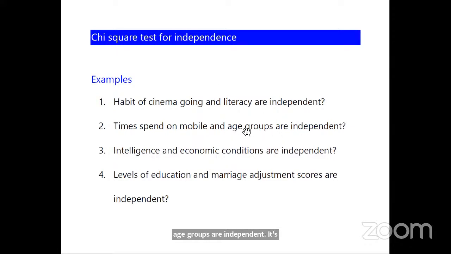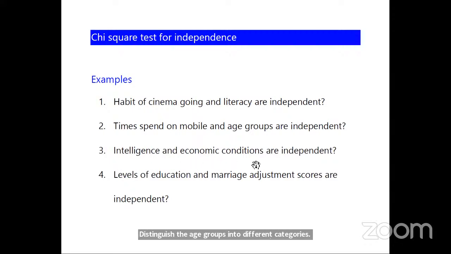Just as I have said, whatever the ages are, you can differentiate them into different categories like 0 to 10, 10 to 15, because nowadays very small children, in fact infants between 0 to 1, are also using mobiles for different purposes, isn't it? So you can distinguish the age groups into different categories.